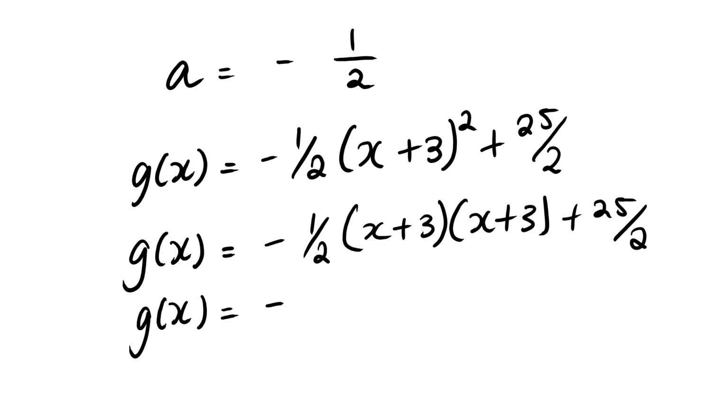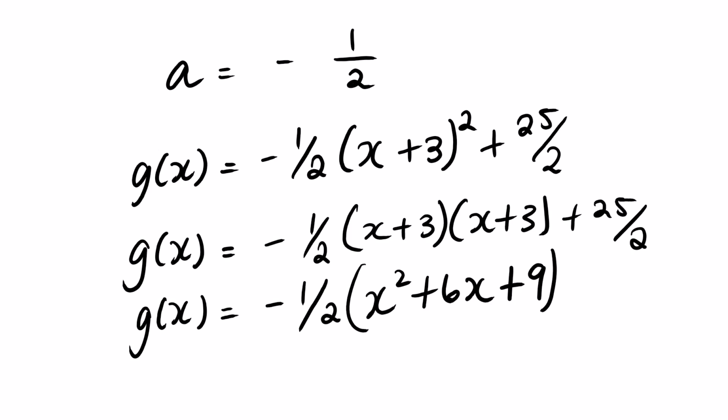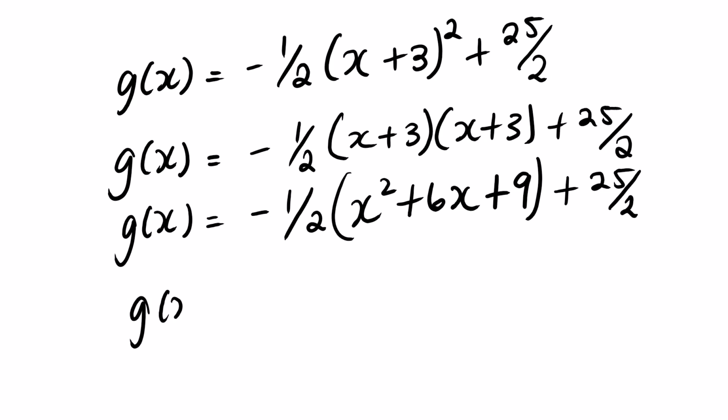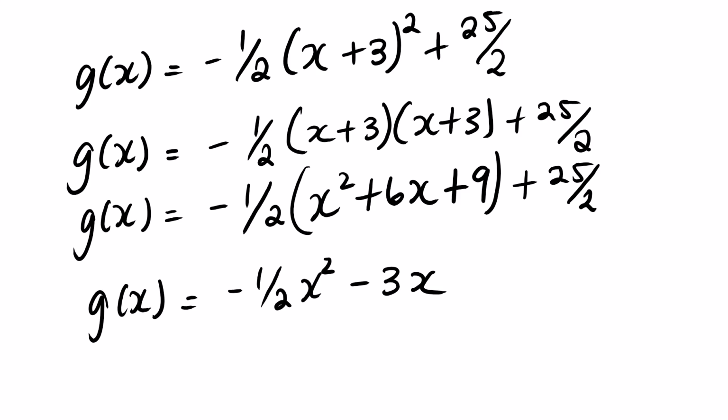g(x) equals negative 1 over 2. x multiplied by x is x squared. 1 multiplied by 3 is 3, and 3 multiplied by 2 is 6, so you have 6x plus 9, plus 25 over 2. From there, negative 1 over 2 x squared, negative 3x, and then we have negative 9 over 2 plus 25 over 2.